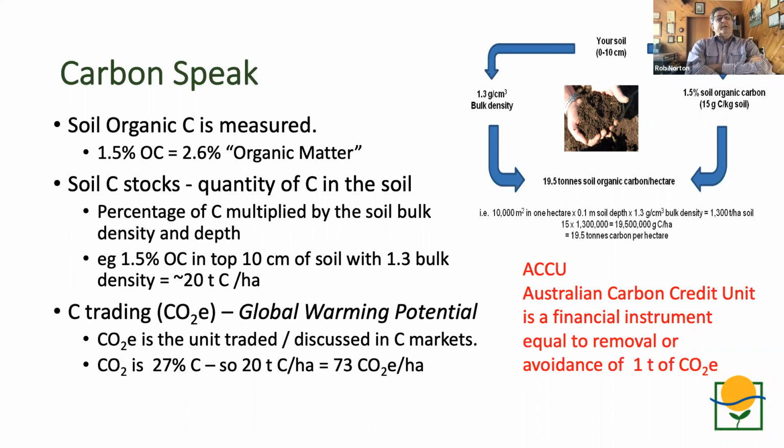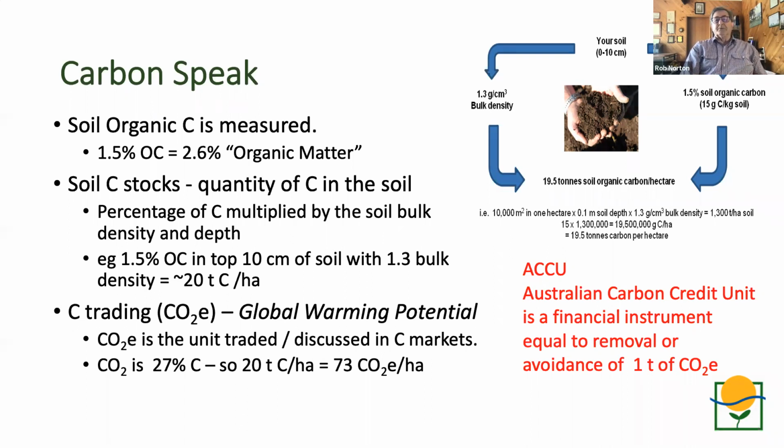When we talk about carbon in the soil, we often talk about carbon stocks, and that's different to the percentage. Carbon stock is the quantity. Soil organic carbon and organic matter are measured as percentages. Carbon stock is measured in tonnes, and it's the organic carbon concentration multiplied by the density of the soil and how deep it is.